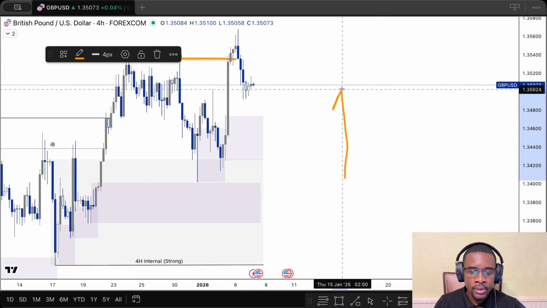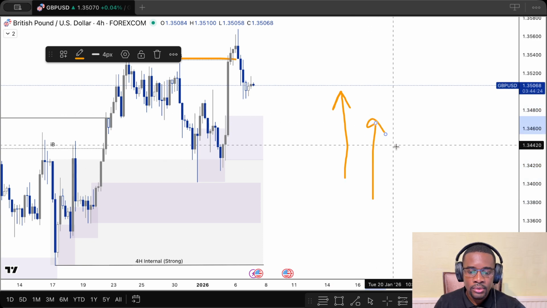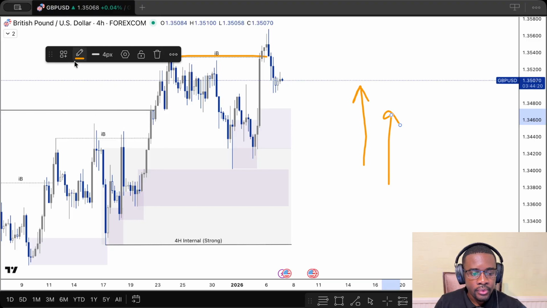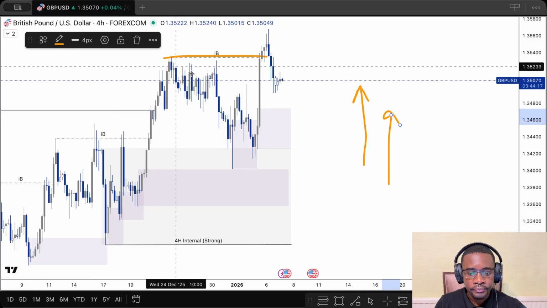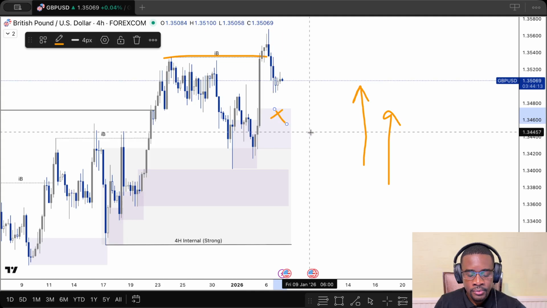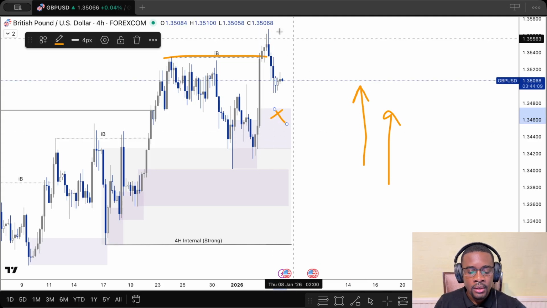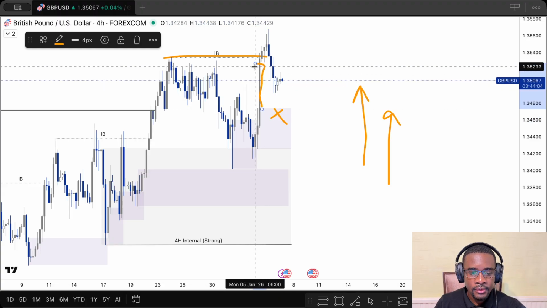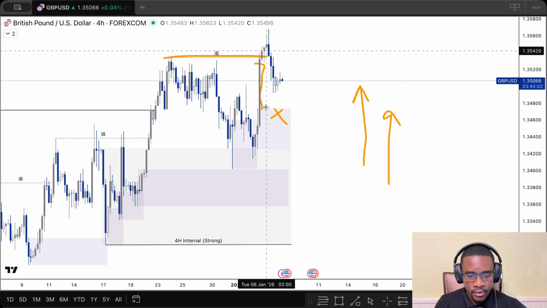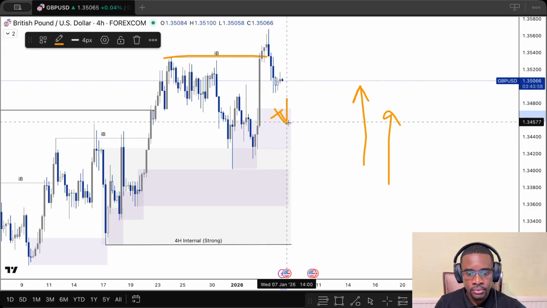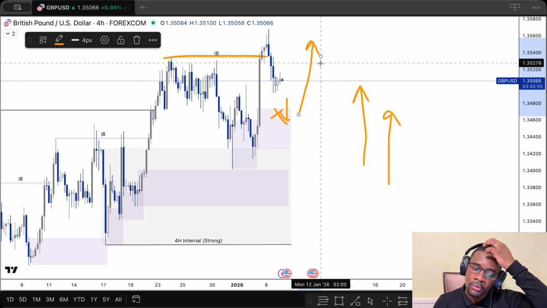So we have 4-hour swing bullish, internal bullish. I was saying that I don't expect price to drop all the way down there, but looking at this big candle with this big gap, we can expect it to drop and then continue going up.